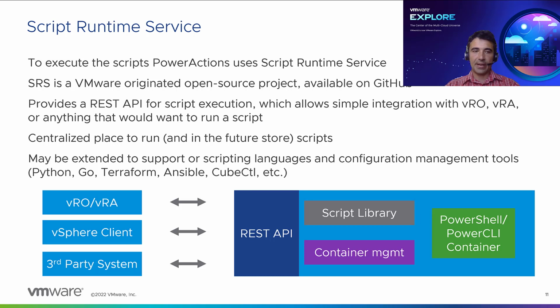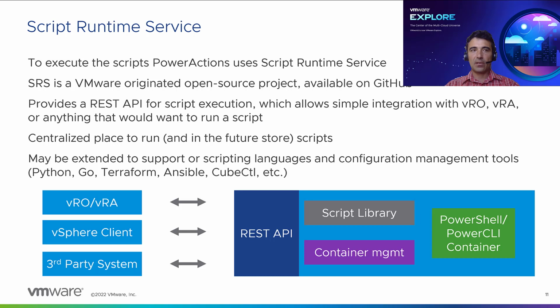In the case of PowerActions, obviously, we're integrating with the vSphere client, but we can also integrate with vRO and vRA. We can integrate with any third-party system that just will use the REST API to create a run space and to run the script in this run space.